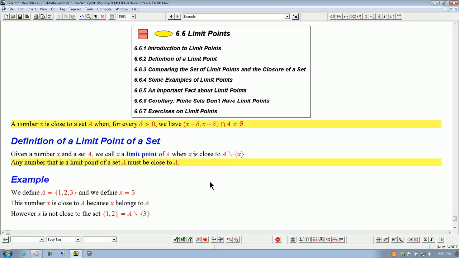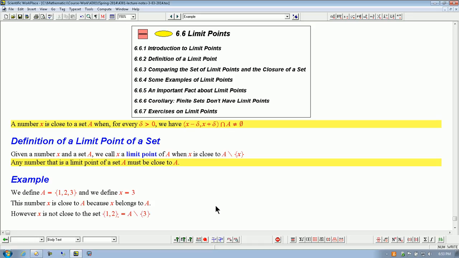Because for the number to be close, it doesn't mean simply that you can find one delta that will make the delta stick contain points of A. No, it's got to happen for every delta. Just because you've got a nice big delta stick that has points of A, that's cold comfort, because what about some other delta that was too small? Any number less than 1 or even equal to 1. So there's no question that the number 3 is not close to the set whose members are 1 and 2.